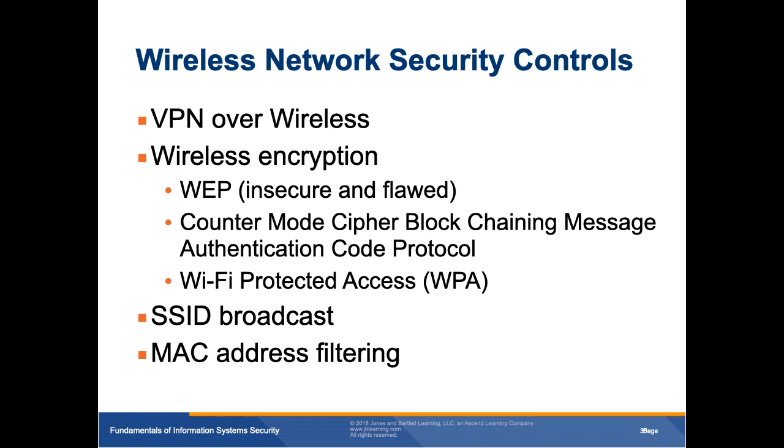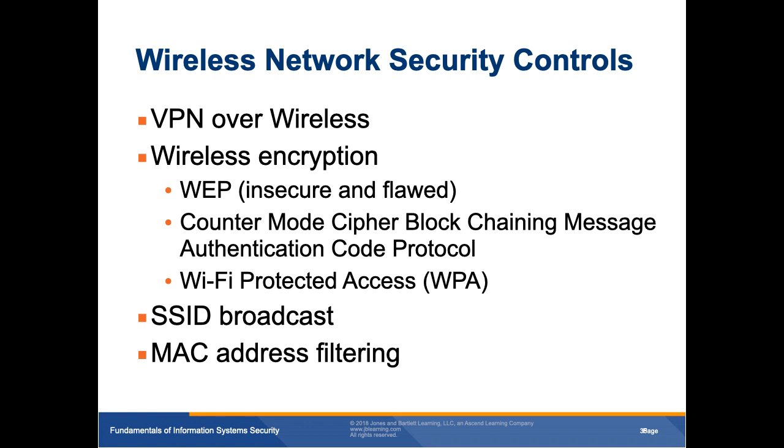We have some security controls, so you can do VPN over wireless, and you can use wireless encryption. WEP is so insecure and flawed, you should never use WEP. Nowadays, you have WPA2, Wi-Fi Protected Access 2, and then you have personal or enterprise, and the difference is authentication, having a server involved.